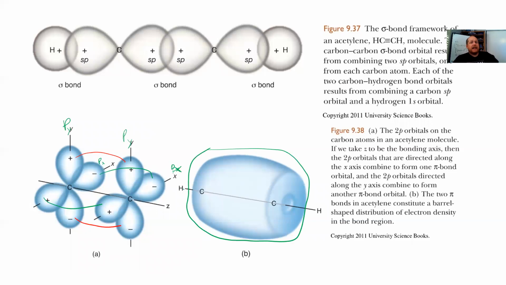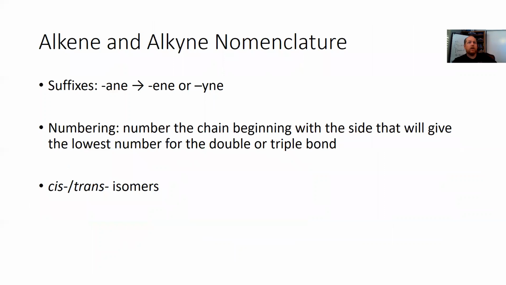Now, in the case of something like acetylene, where you have a triple bond, since the carbon centers are both linear, it doesn't matter where they're at. It will matter when you start to see how the alkene bonding matters, okay? When it comes to naming, the biggest difference is we're going to change the ANE to either an ENE or a YNE.